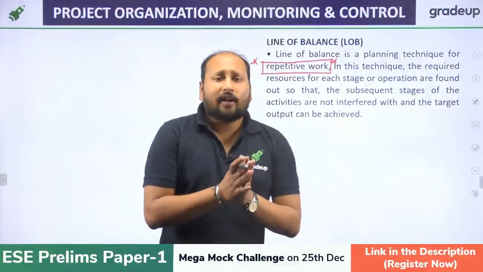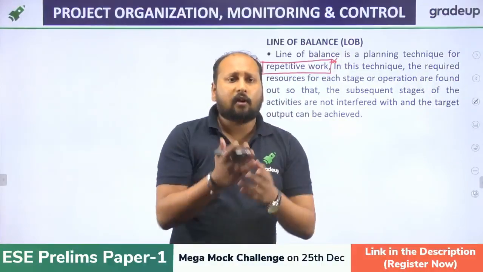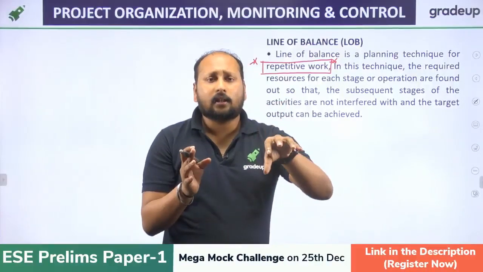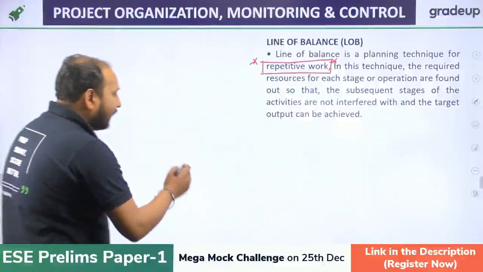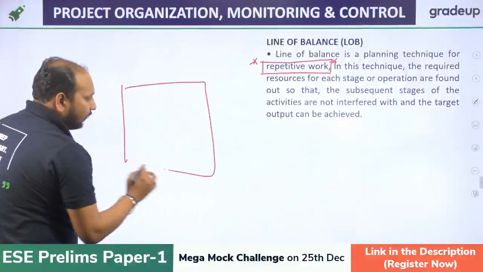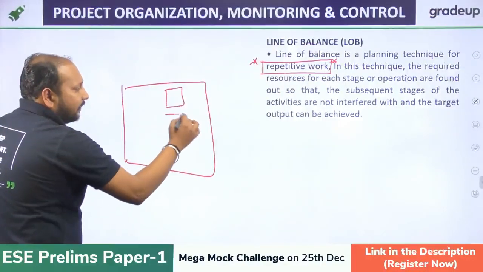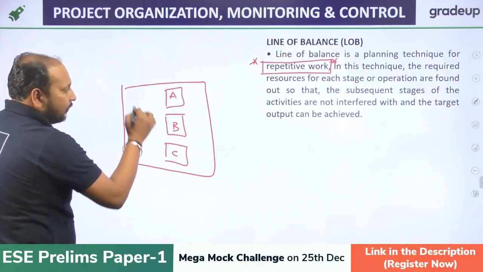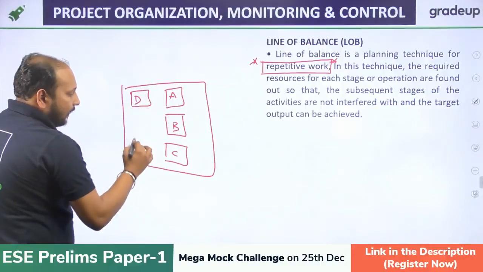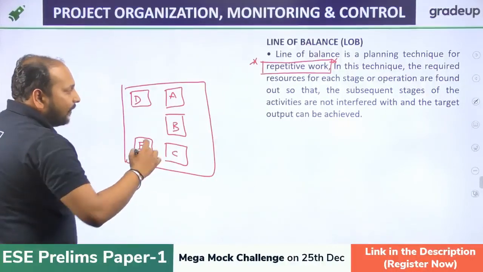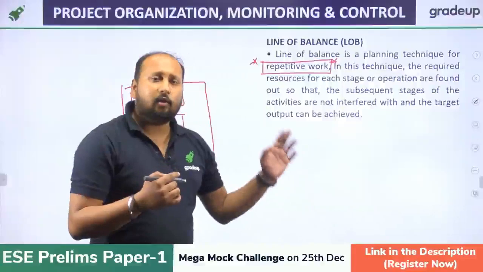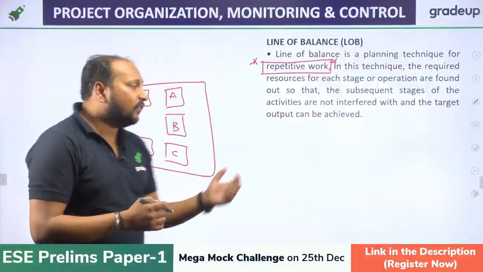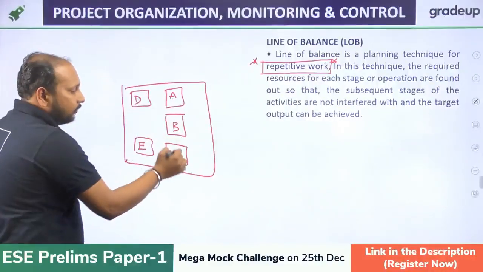For example, your friend Prakash is a civil engineer, and they are constructing an urban town. Fine. For example, they are constructing houses like this, A, B, C, D and E. So what will happen? When you draw the WBS of this, some of the components will be common for many of the houses.